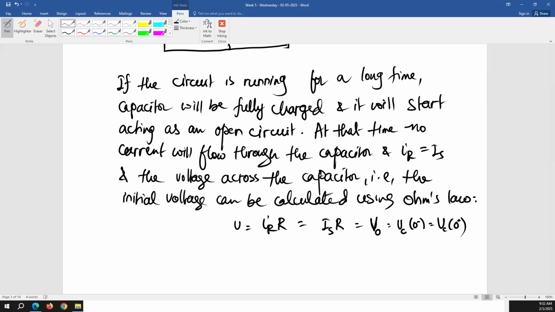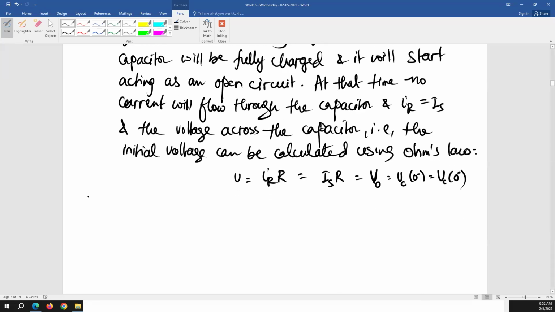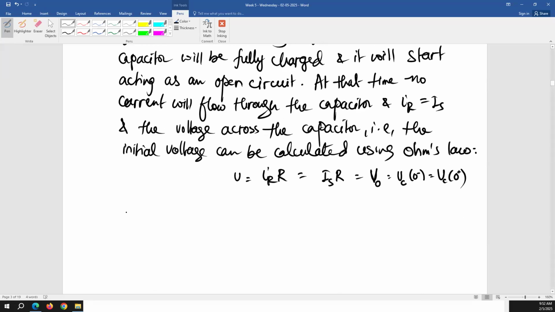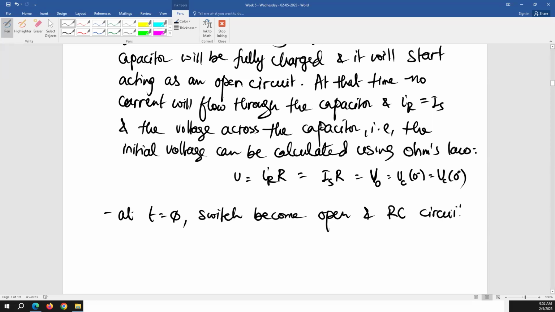Okay. Now let's say at t is equal to 0, the change happened. At t is equal to 0, the switch becomes open and the RC circuit becomes source free.